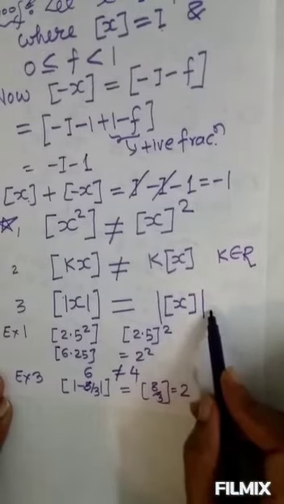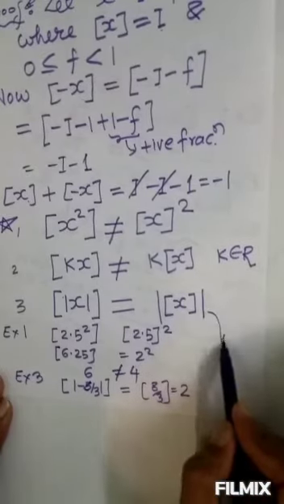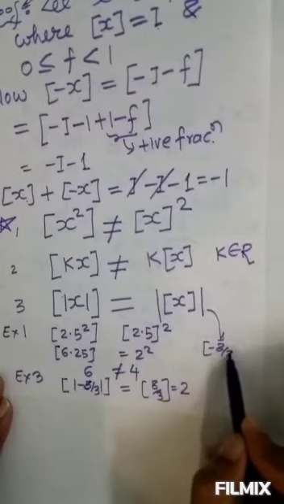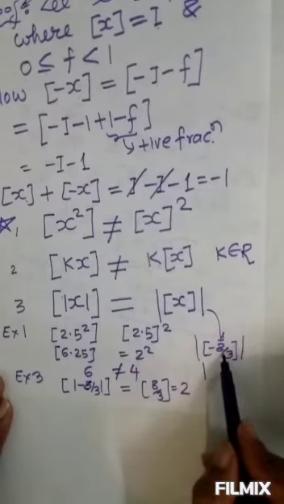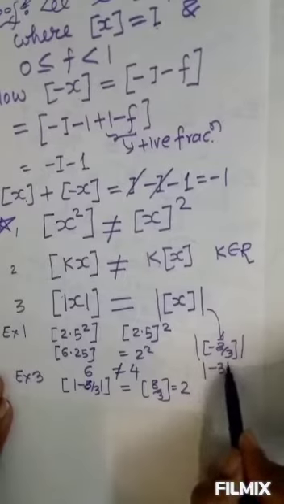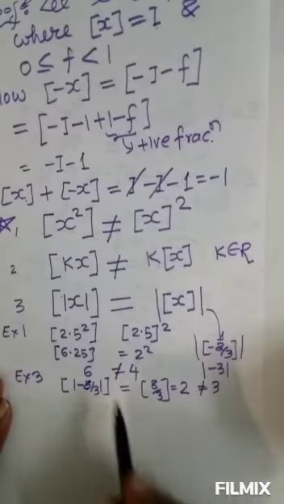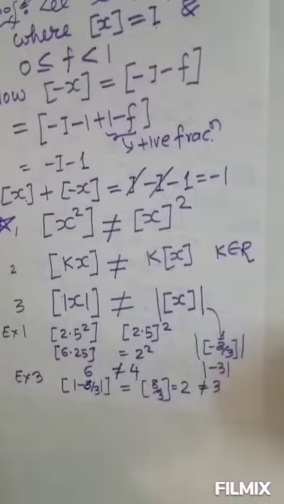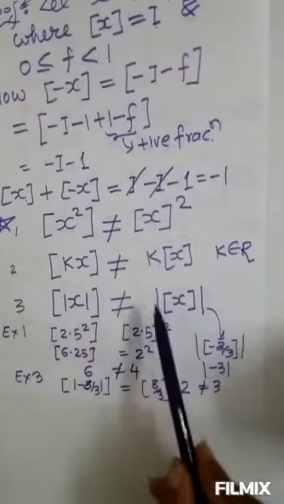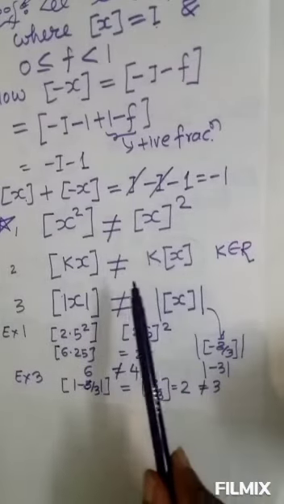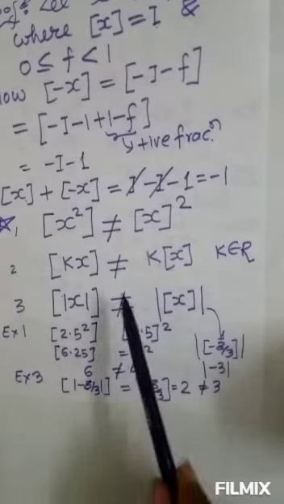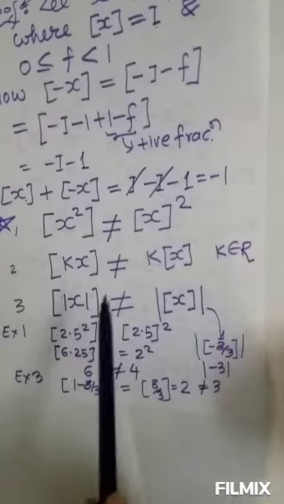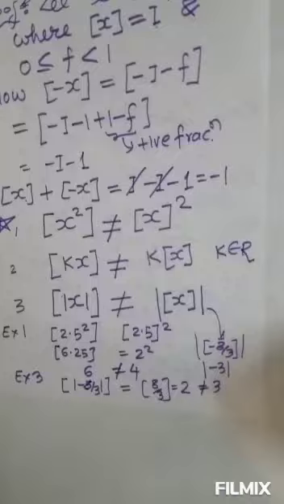Now if you take the greatest integer of minus 8 by 3, which is minus 2.67, that is minus 3, and the mod is 3. So again they are not equal. In general they are not equal, maybe in some specific cases they may be equal. So these are things that we may sometimes tend to believe are correct, but they are not. These things also need to be kept in mind.